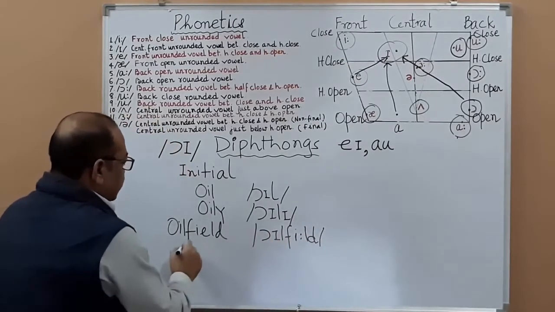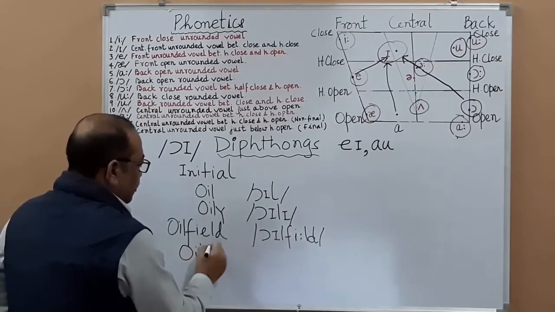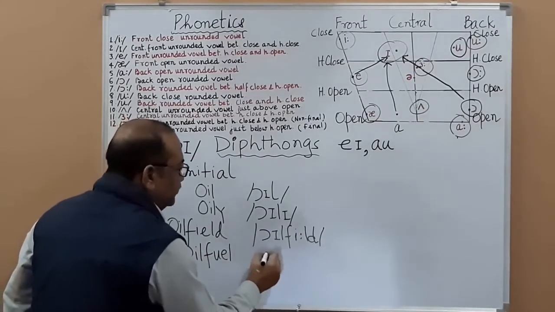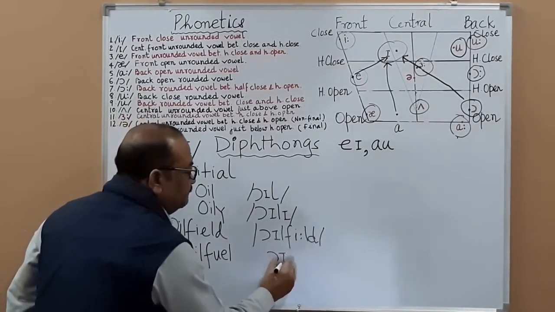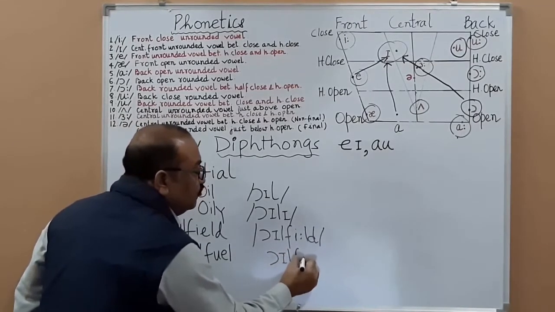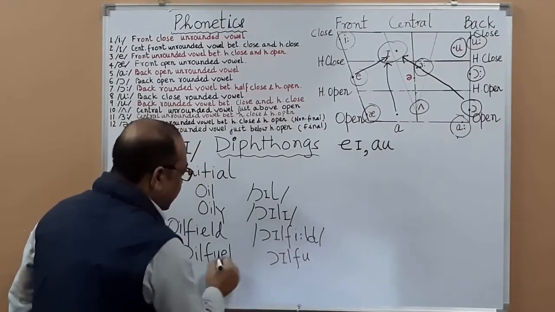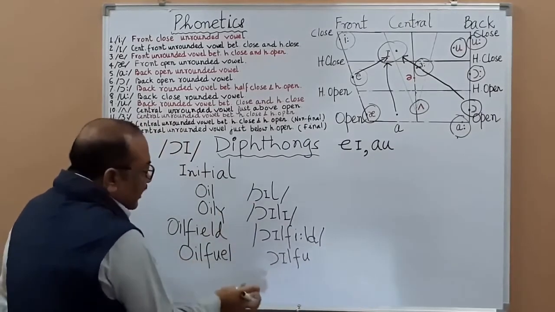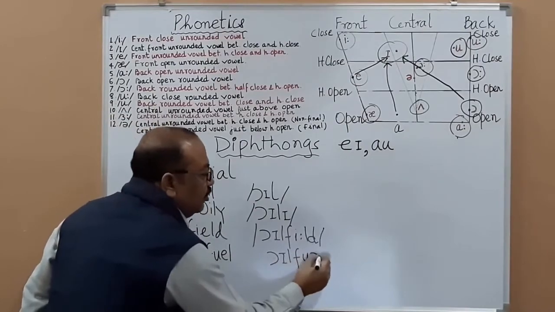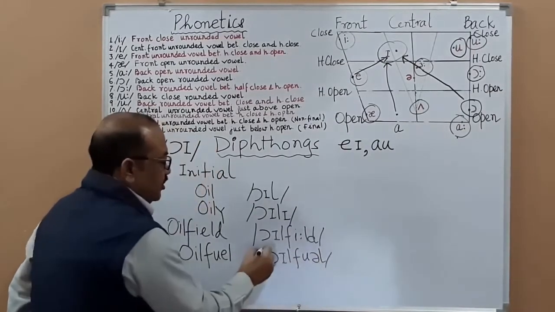The next word can be oil fuel. This is how we write oil, then you write fuel, but this E will be like inverted. You will have schwa in place of that.